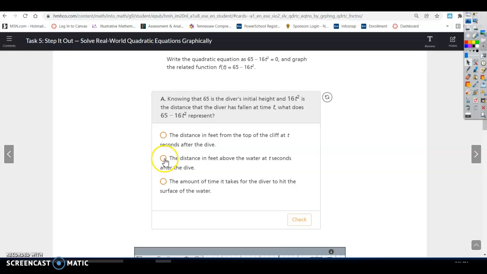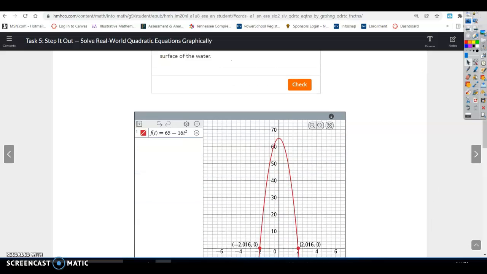All right, so it's going to be this one, the distance in feet above the water at t seconds, because t can change. t is your independent variable. So you may want to know after 1 second, after 2 seconds, after 3 seconds, and you could plug that in to find out what that would be.